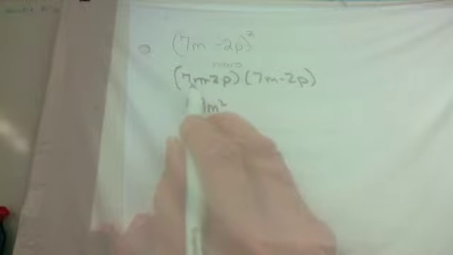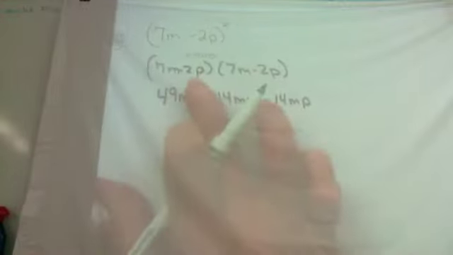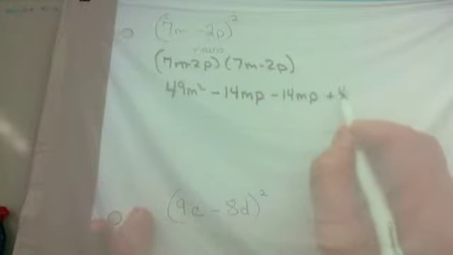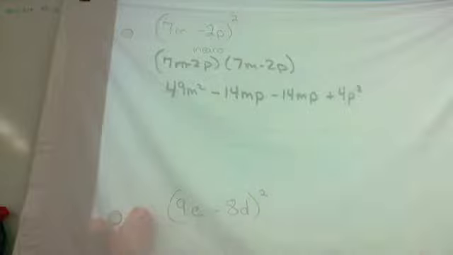So the first times the first is 49m squared. Then the outers are negative 14mp. The inner is again the same thing, negative 14mp. And then a negative 2p times a negative 2p is a positive 4p squared.